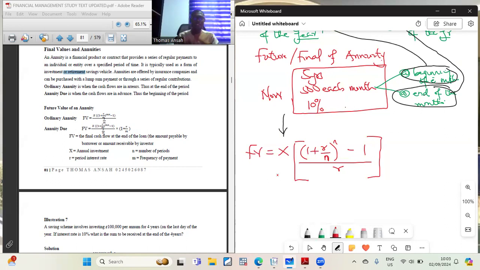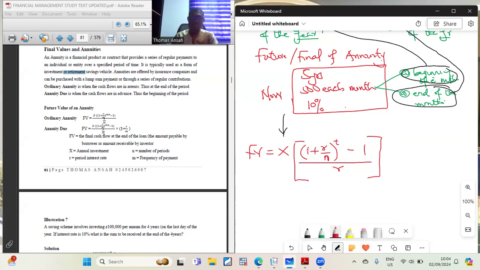But here, the issue is that the thing is going to compound. So here, remember, this side should rather be T to represent time. All right, so that is that.